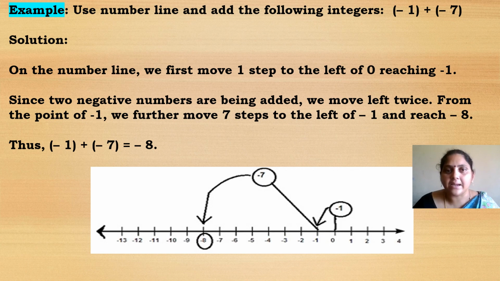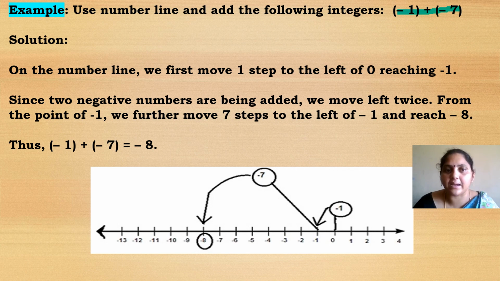Use the number line and add the following integers, that is, minus 1 plus minus 7. Here we have taken both negative integers only. In the first example we took one positive and one negative, but in this example we have taken both negative integers. So how are we going to add negative integers?